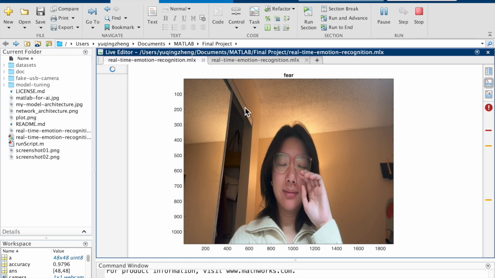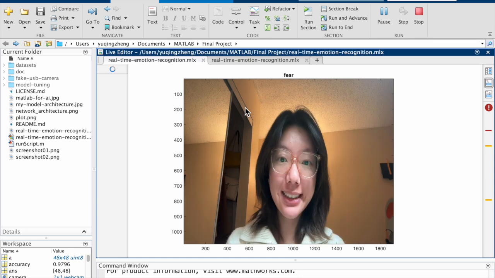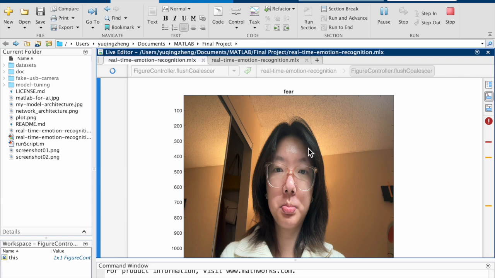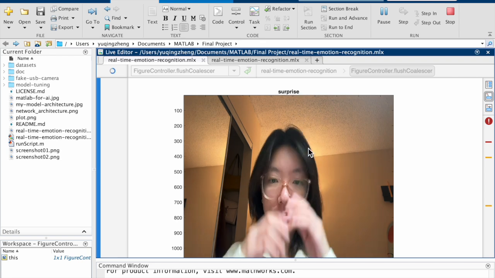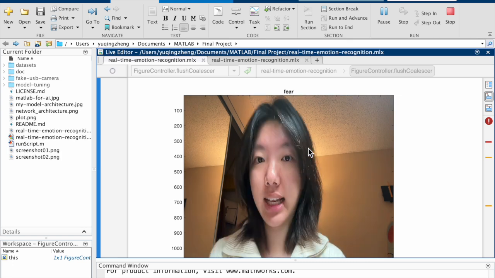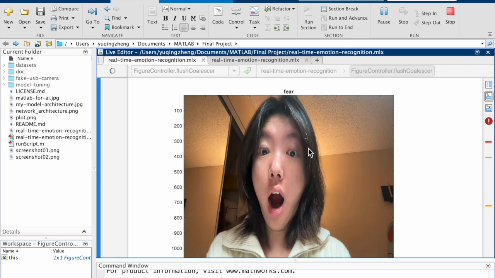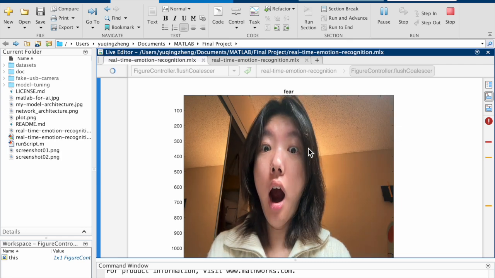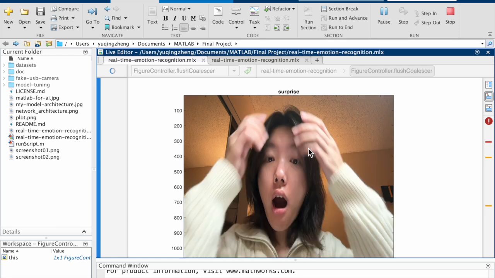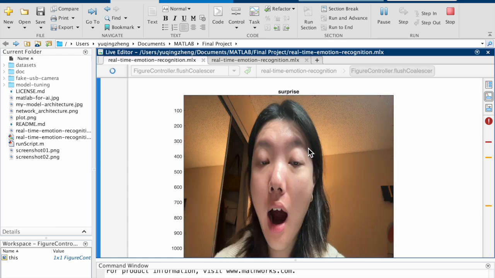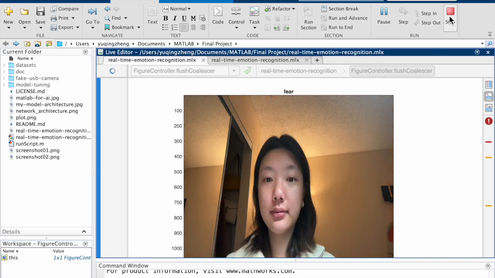As you can see, when I was wearing my glasses covering some part of my face, the model could not predict my facial emotion correctly. After I took off my glasses, you can see that the prediction changes, but it still cannot predict my emotion correctly. I think it's because the hair covers some part of my face. And for now, you can see that it predicts I am surprised, which is correct.